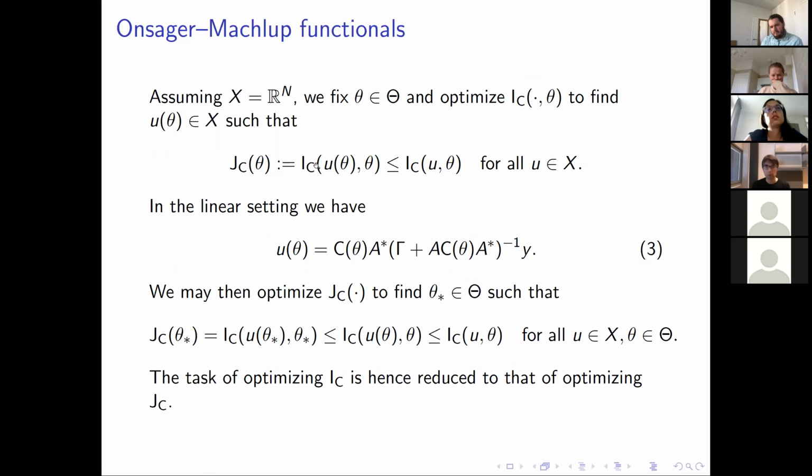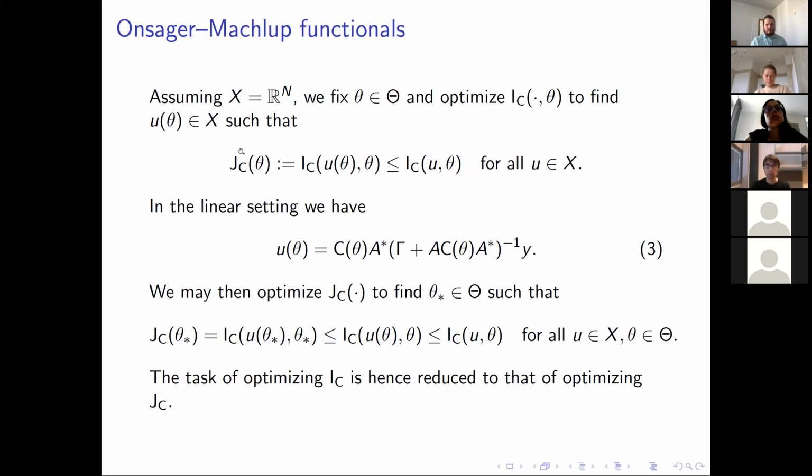For simplicity, I have here only R^n as my domain, but you can check the paper for the non-parametric version. What we do here is go from these functionals I_C and I_NC to what we call capital J, where we optimize I_C with respect to u for some fixed theta.